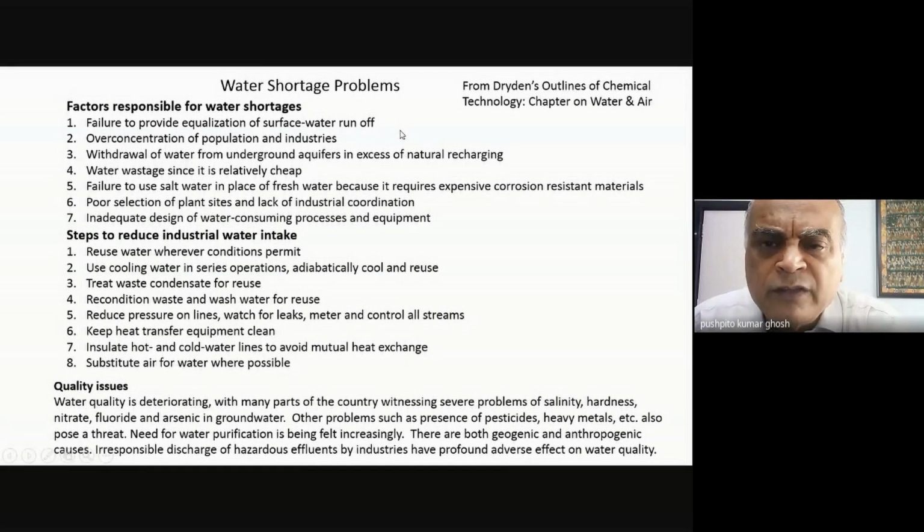In other words, what is happening? We get lots of rain, but most of it finally finds its way into the sea, right? And increasingly, the problem is getting worse because of ever more deforestation.